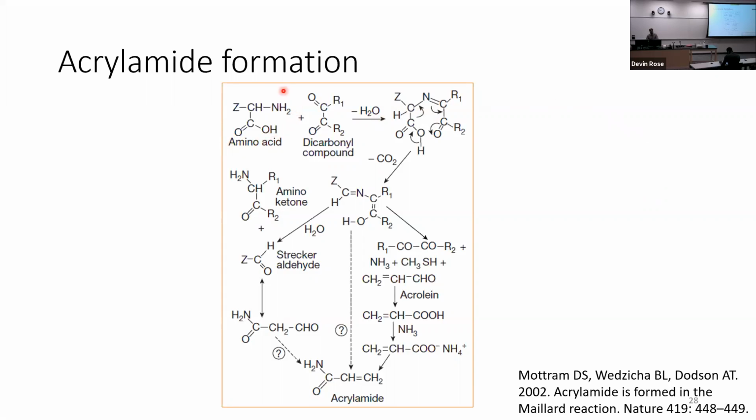We have some amino acid and some dicarbonyl compound. So something from the Maillard reaction. And we go through all these steps here and pass through this Strecker degradation reaction and form eventually acrylamide.